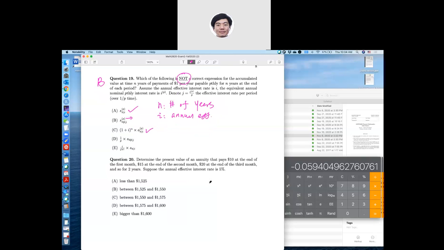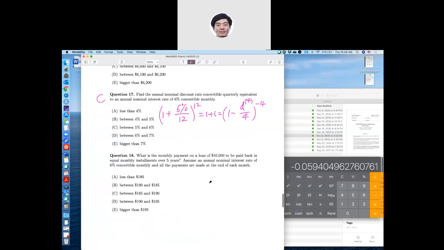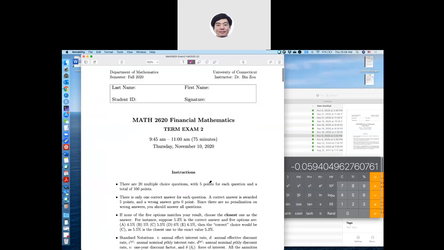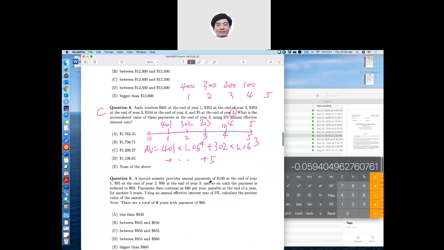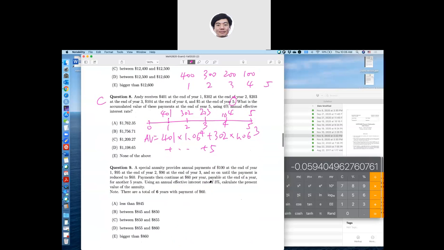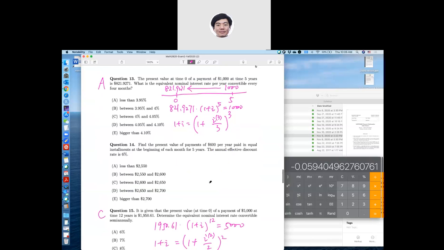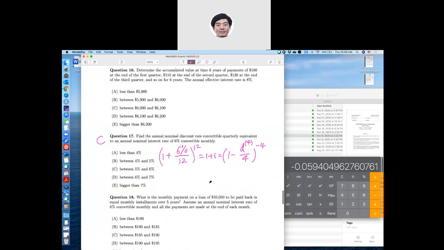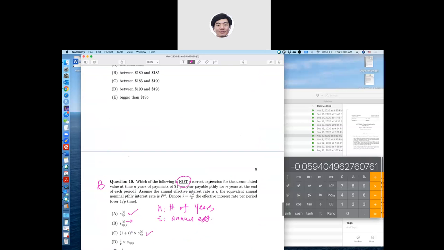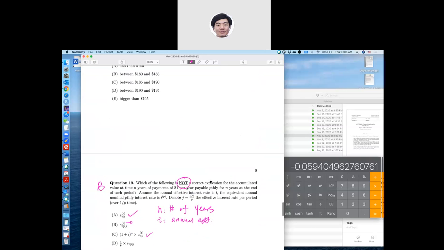So let's see how many questions I already solved. 1, 2, 3, 4, 5, 6, 7, 8, 9. Well, let's forget this. It's already 9 questions, right? That's 45 points. That's enough to make you pass this course safely, right?